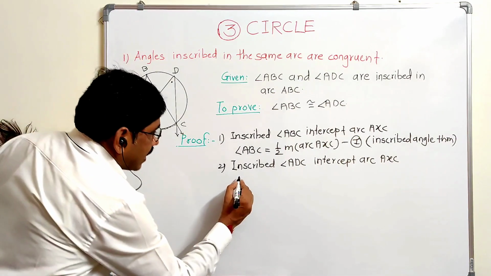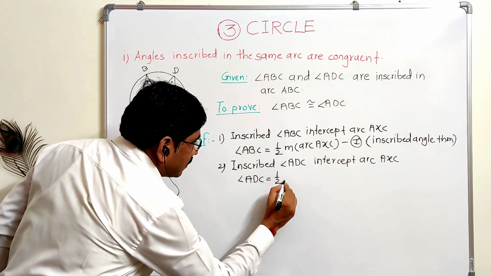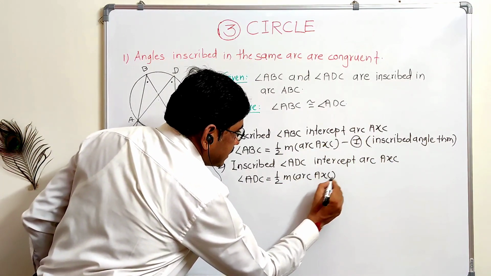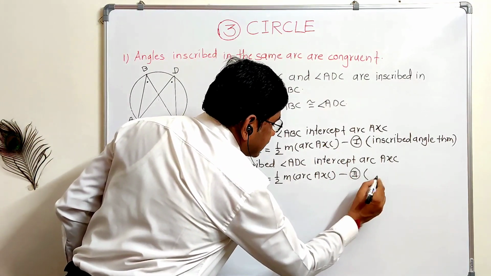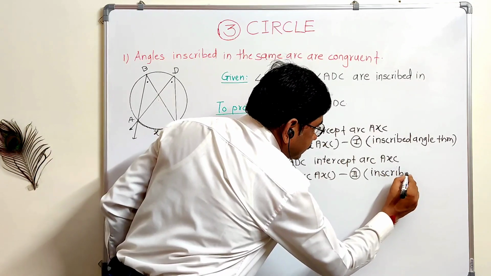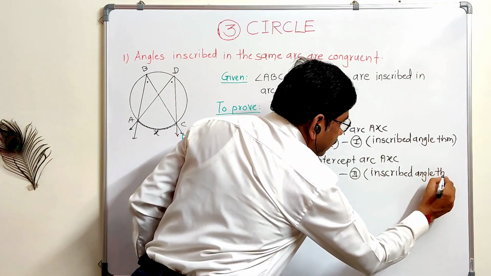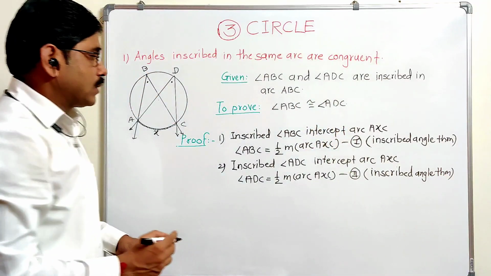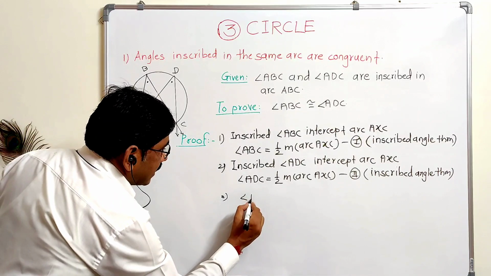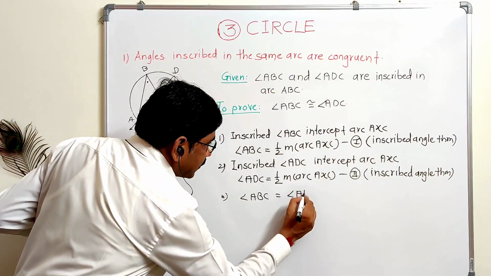So here angle ADC is equal to half measure arc AXC. This is second, and the same reason, inscribed angle theorem. So if you observe 1 and 2, right hand sides are congruent, and therefore third step, angle ABC is equal to angle ADC.